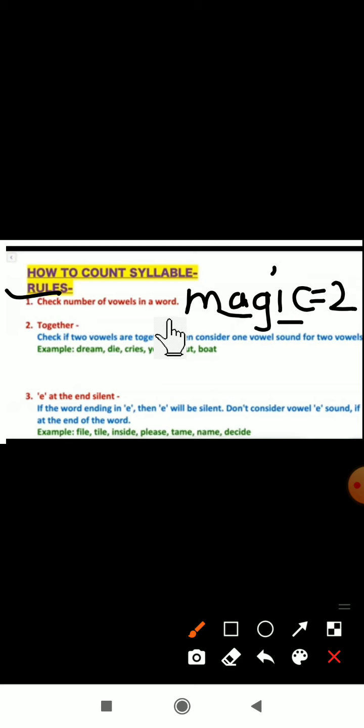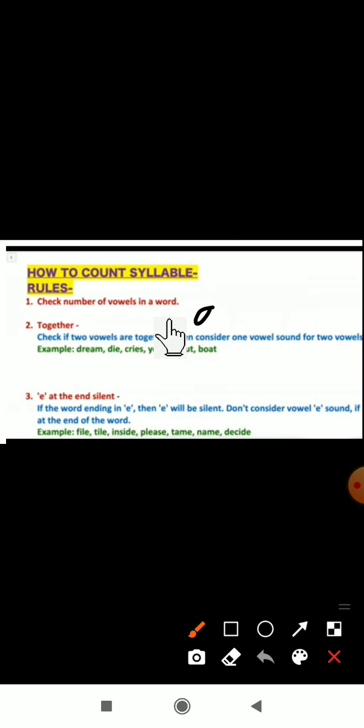Got it? 2 syllables are there. So this is our first rule. Got it? One more example. Here one more example I will write. One more word, that is dream.